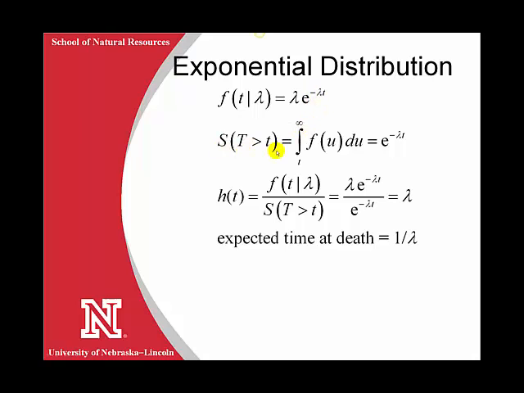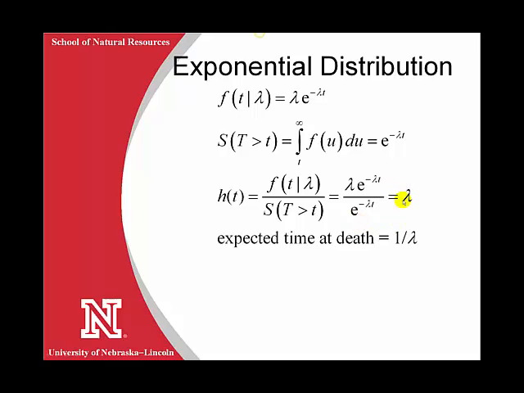The survivorship function then is going to be the integral from t to infinity of that density function, and that turns out to be even simpler. That's simply e to the minus lambda t. And our hazard function is then the ratio of these two things, and so the hazard function for an exponential distribution is simply lambda, because it's the ratio of these two functions.